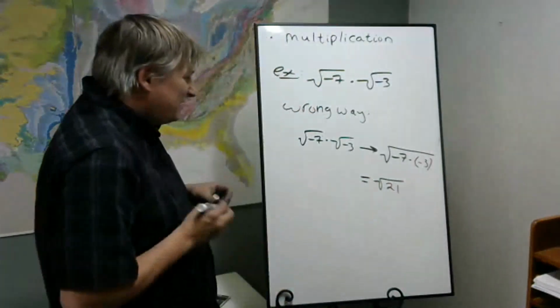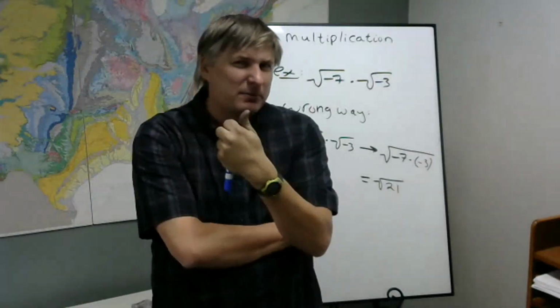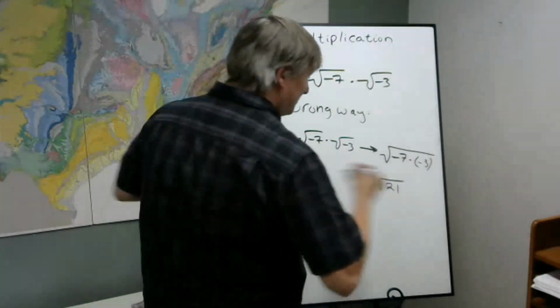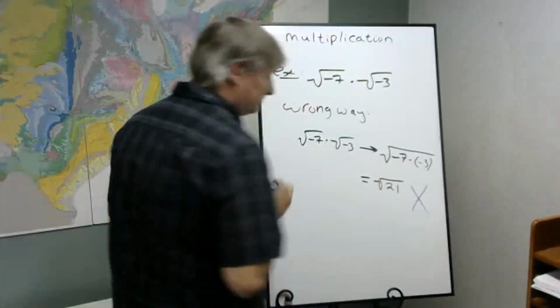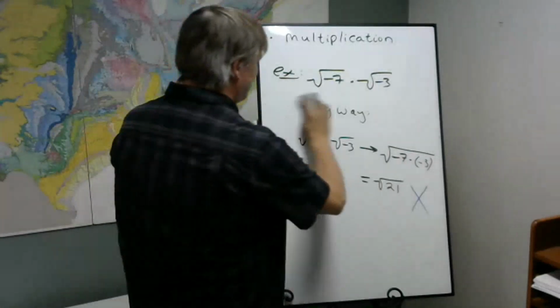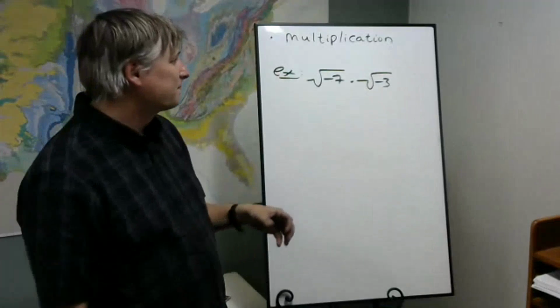And so it looks like that's what this is. But there's a problem here, and let me show you. This is not the answer. No way. Here's why. These are complex numbers.